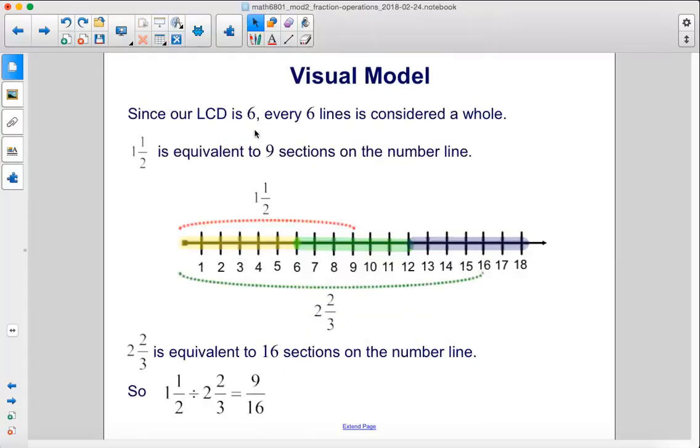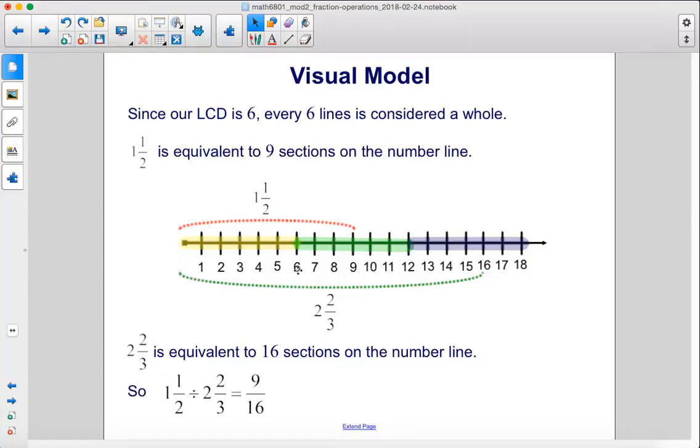Since our LCD is 6, every 6 lines is considered a whole. 1½ is equivalent to 9 sections on the number line. So 1½ would be 6 out of 6 plus 1, 2, 3 out of 6. So that's that equivalent is here. 2 2/3 is equivalent to 16 sections on the number line.